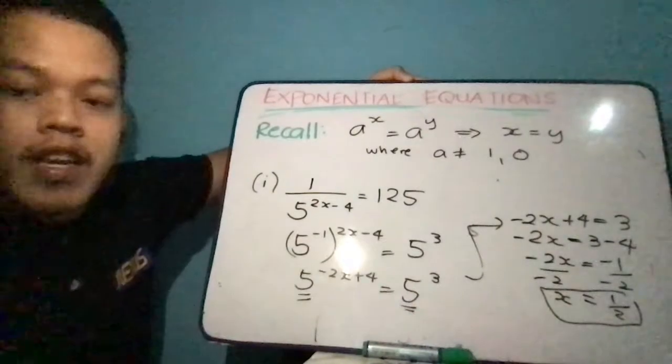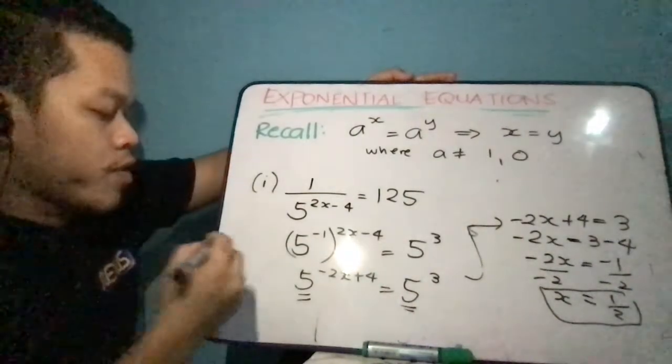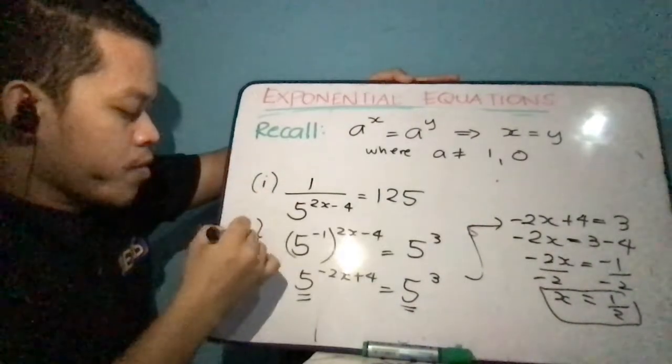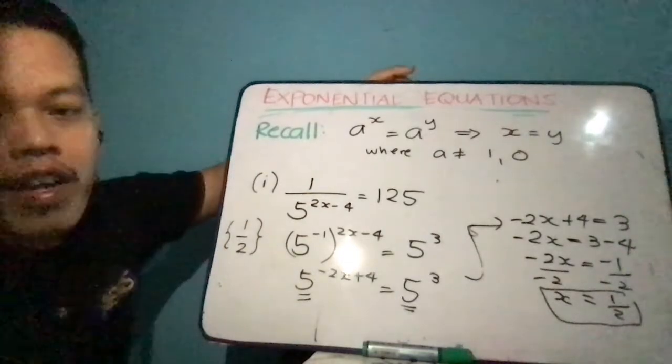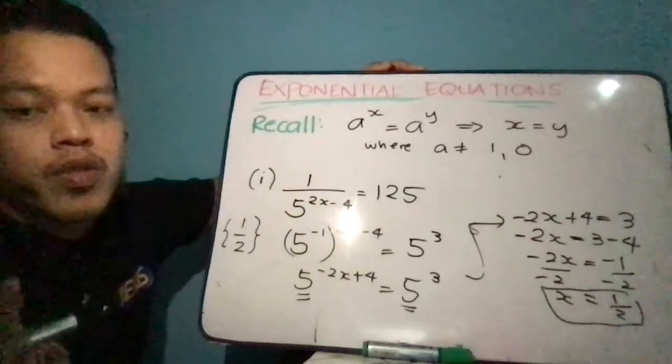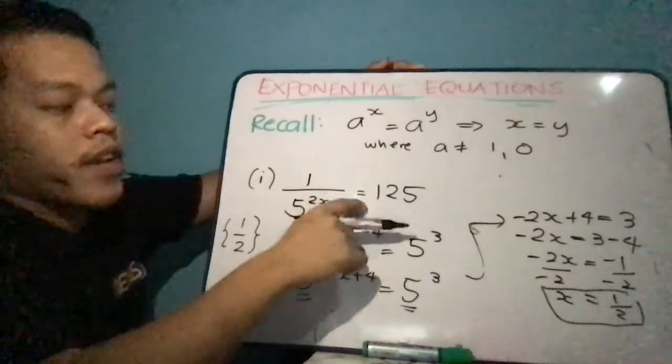So the value of x is equal to 1/2. So the solution set is 1/2. Only the value of x equal to 1/2 will satisfy this equation.